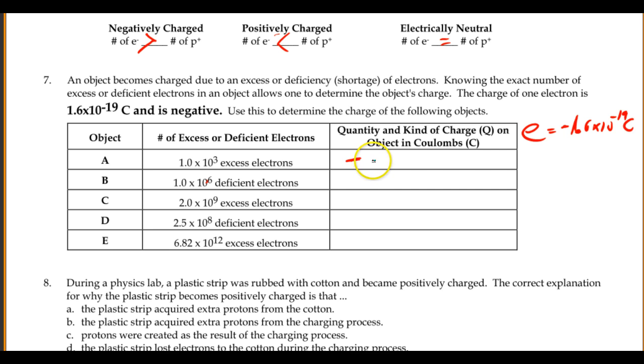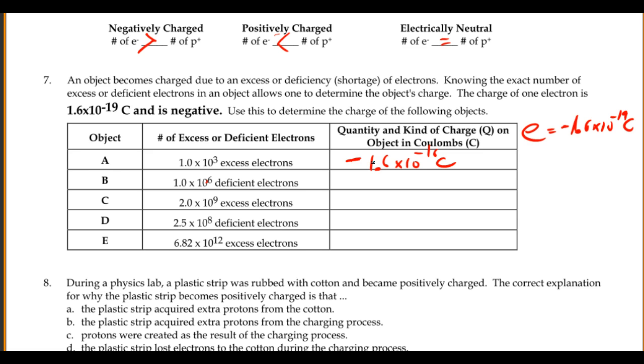And since I have 10 to the 3, when I multiply, I'm going to add the exponents, and so I'm going to have 1.6 times 10 to the minus 16th coulombs of charge extra on this particular object. Okay, so that's 1,000 extra electrons.